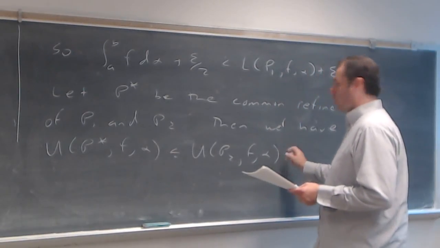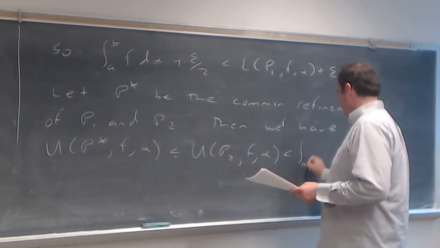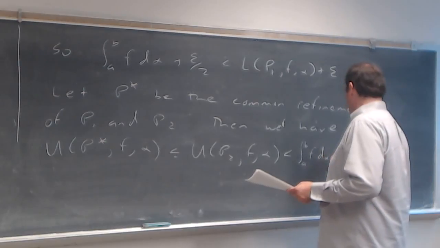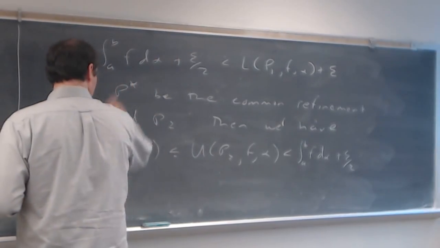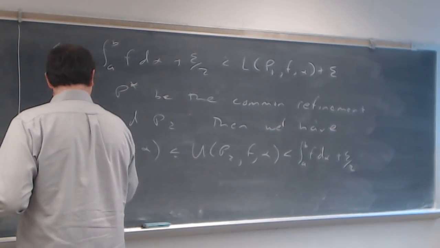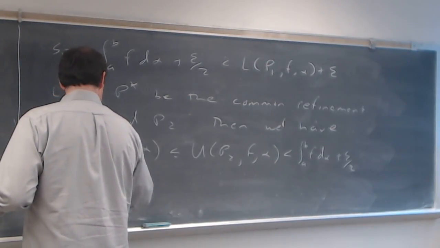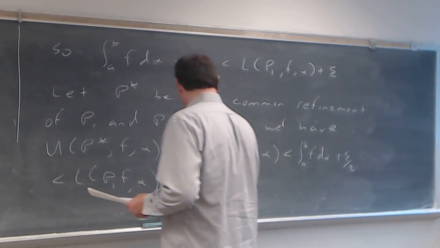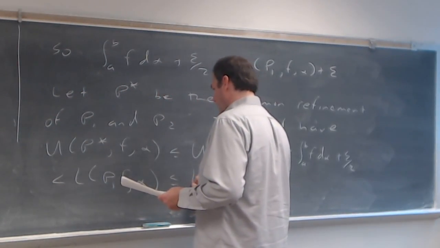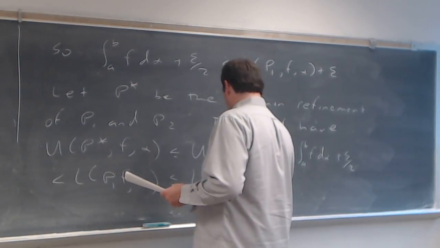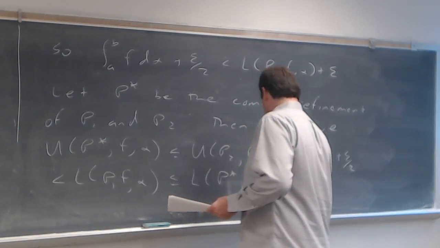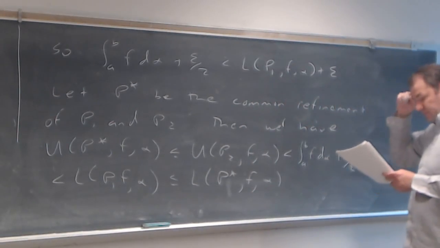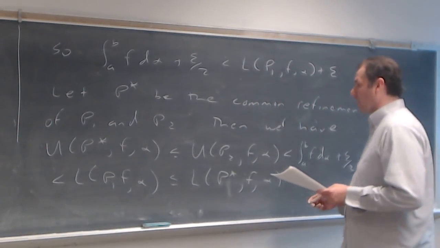And we know that this part is less than the integral from A to B of F d alpha plus epsilon over 2, okay, which is less than the lower sum of P1, F, alpha, which is less than or equal to the lower sum with the refinement partition, F and alpha. That's what we have. Okay.